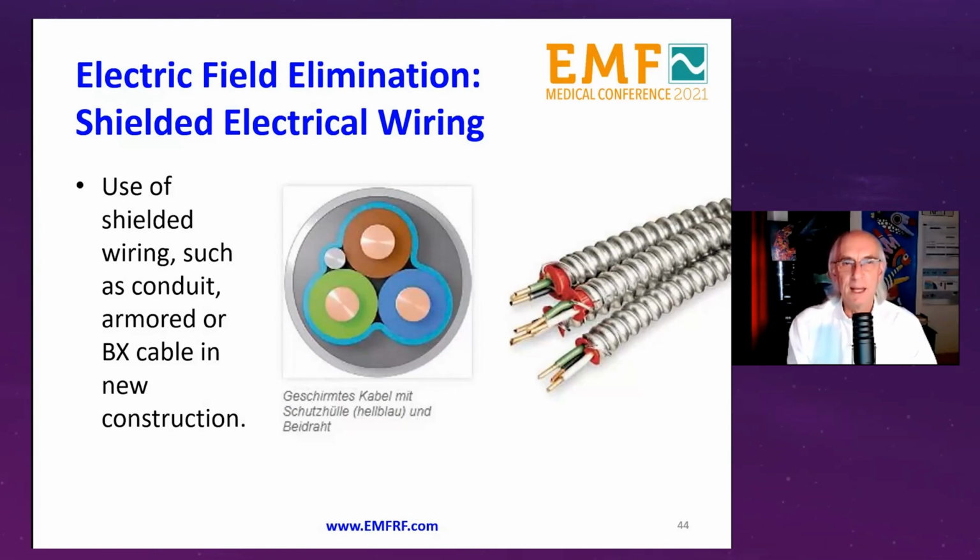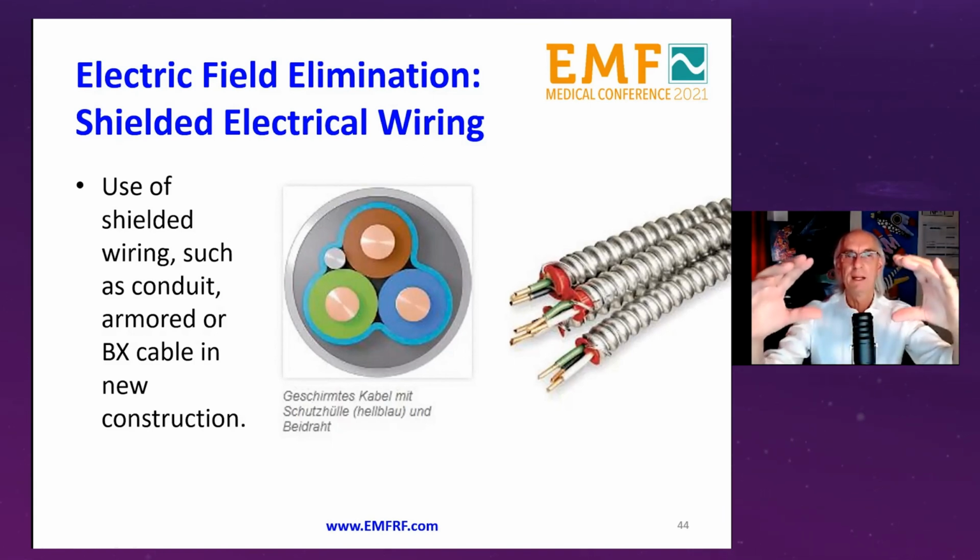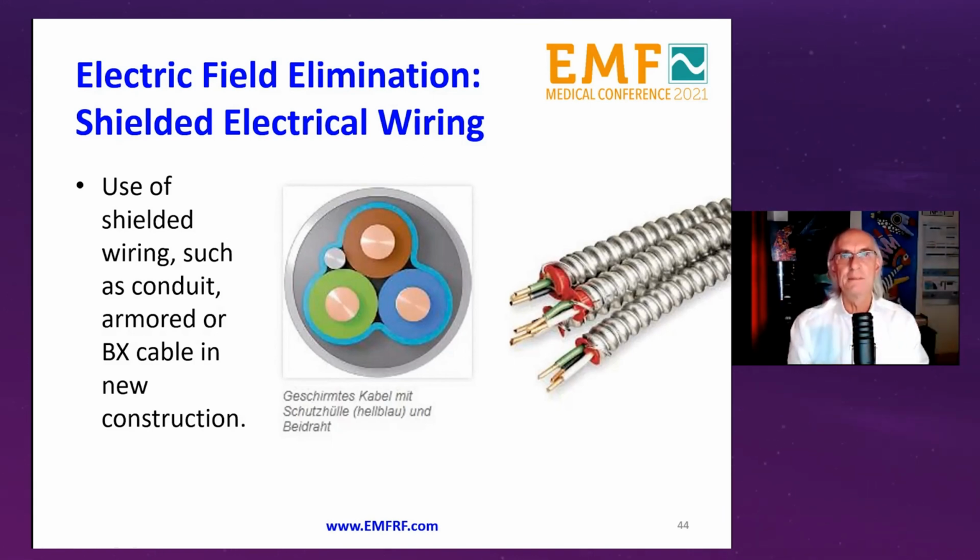How can you fix that? Well, in new construction, very easily, we take some metal sheeted wiring, and this metal is then connected to ground. As the field emits from the wire, it hits the metal and gets directed towards ground, and it never comes out of the wall, and therefore we don't have electric fields associated with that environment.